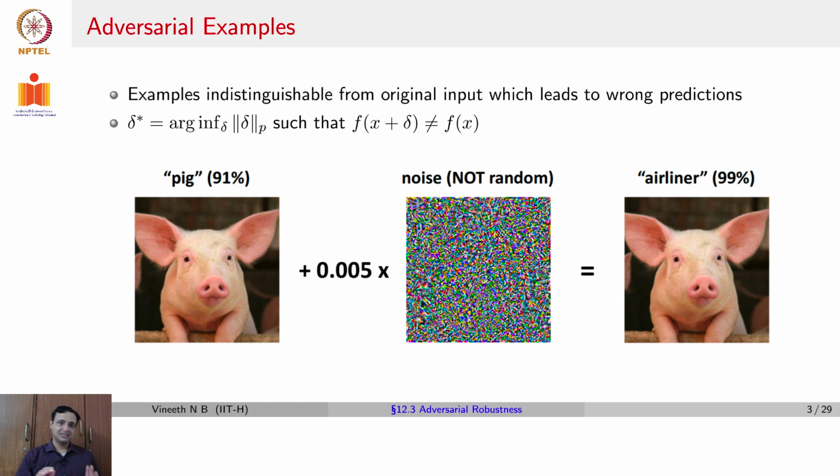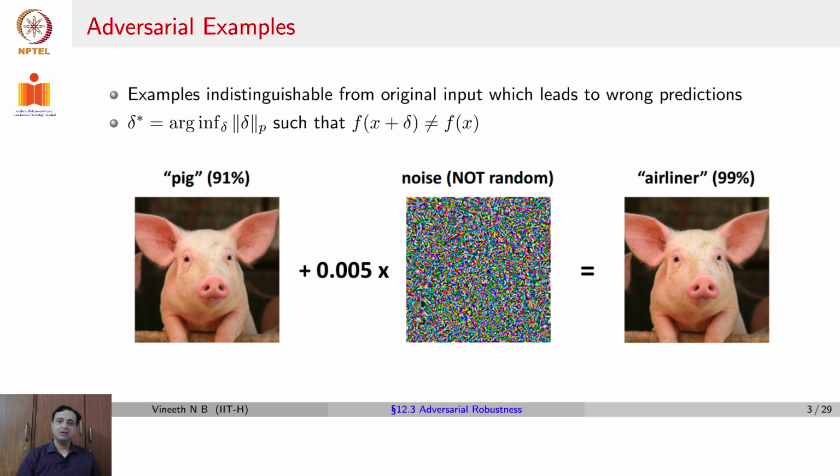Adversarial examples, this is different from the adversarial word in GANs. This has a different notion here. Adversarial examples are data points which are indistinguishable from your data set but lead to wrong predictions.